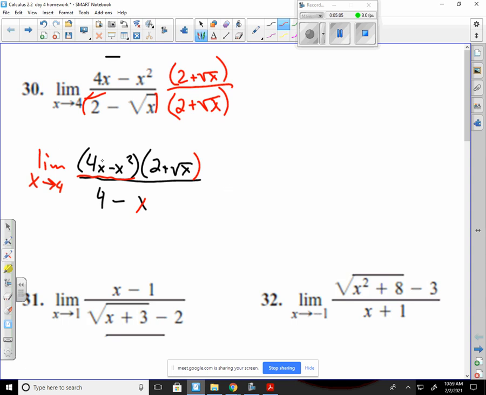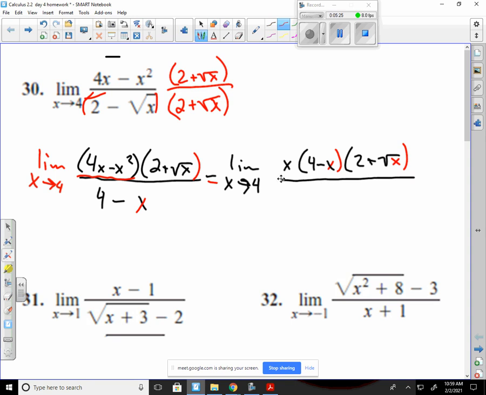So then, since I have an x in both of these terms, it means I can pull an x out in front, just factoring it out. Limit as x approaches 4 of x times 4 minus x times 2 plus the square root of x. And that's all over 4 minus x.